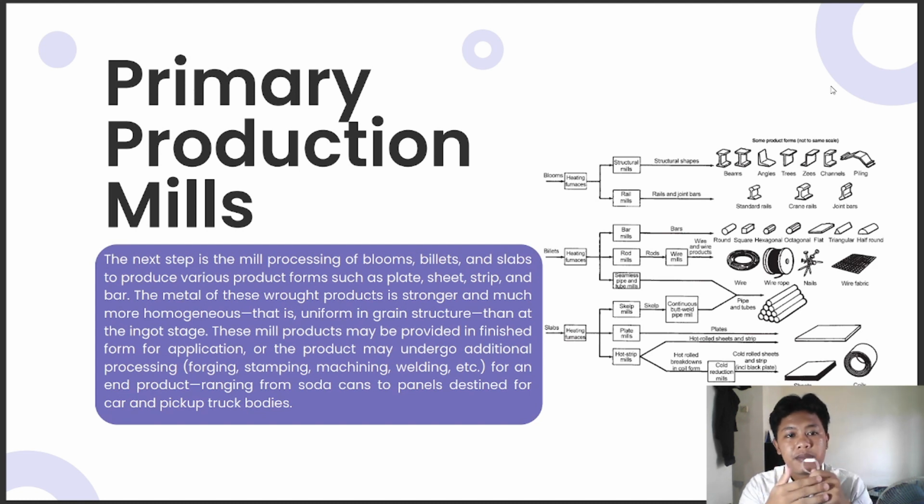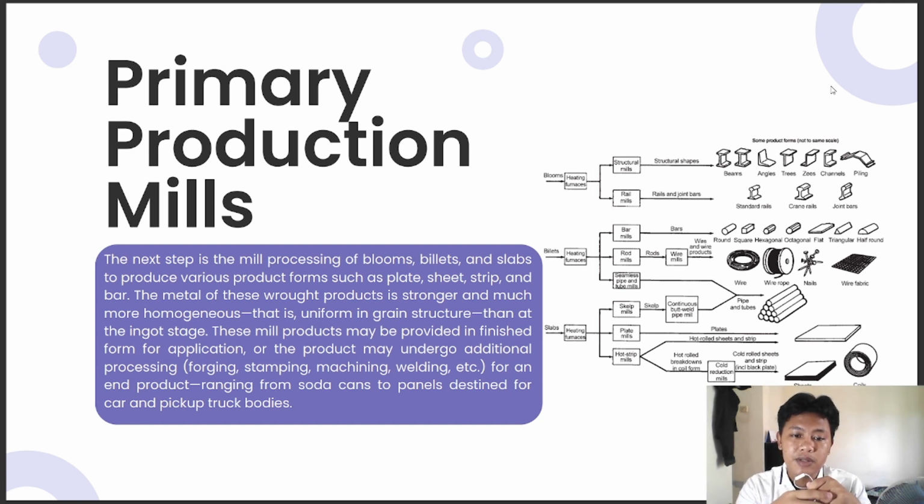Next is primary production mills. The next step is the mill processing of blooms, billets, and slabs to produce various product forms such as plate, sheet, strip, and bar. The metal of these work products is stronger and much more homogeneous, that is, uniform in grain structure, than at the ingot stage.